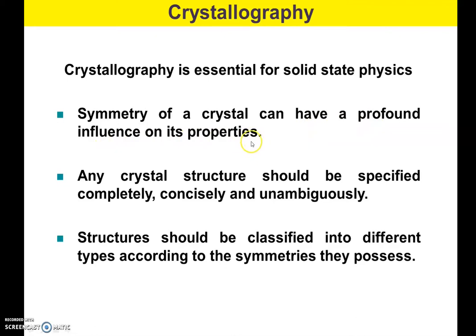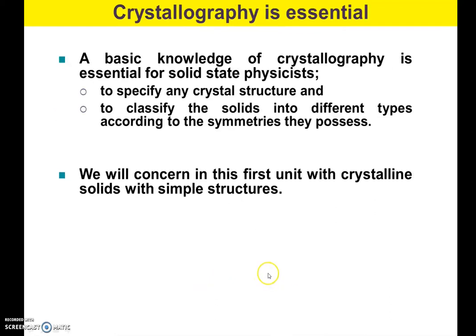Okay, so we have to look at some crystal structures and distinguish between them, and they should be unambiguous in their description so that we can clearly understand what is happening with them. Later you will see that the structures will be classified depending on what symmetry they possess. So a basic knowledge of crystallography is very important, and that is what we will be trying to achieve in the first unit of this course.